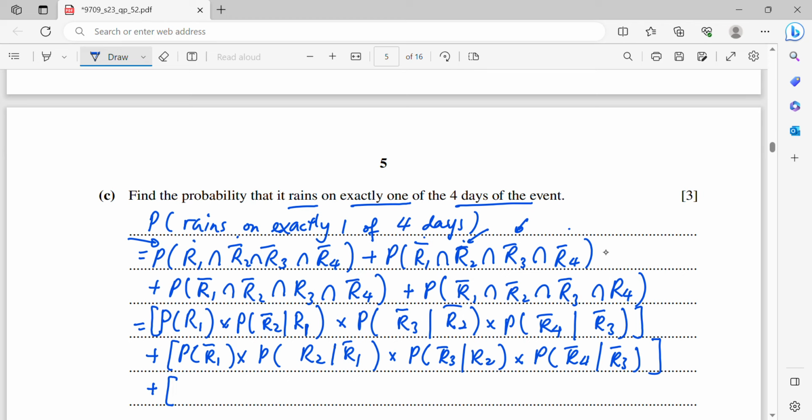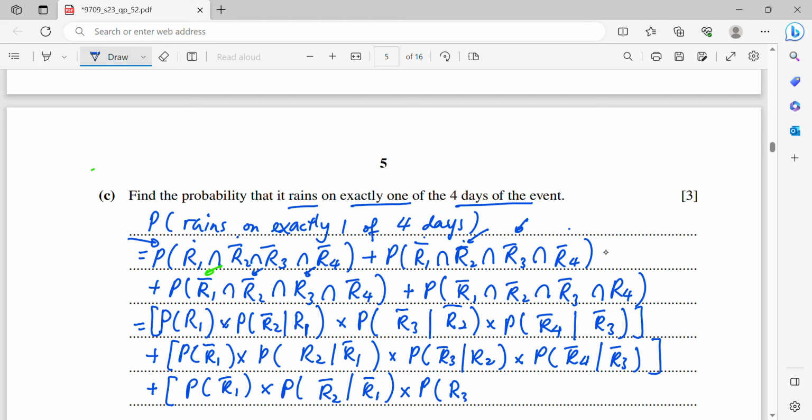Not rain on the first day. Okay, here, not rain on the first day, and not rain on the second day. So now, given that not rain on the second day, first day, and then it is not rain on the second day, times P. Now R3 is rain on the third day and not rain on second day.